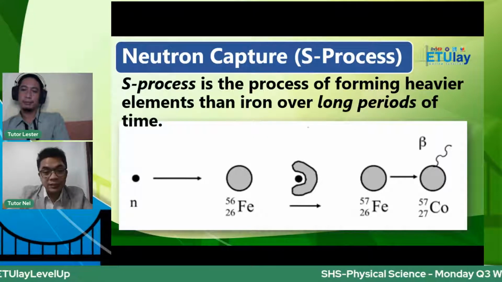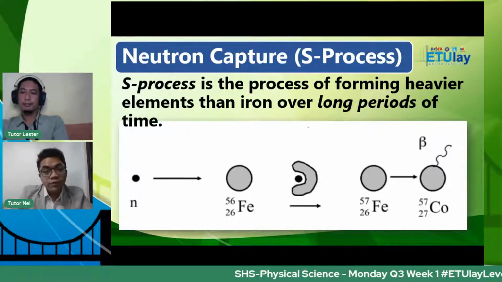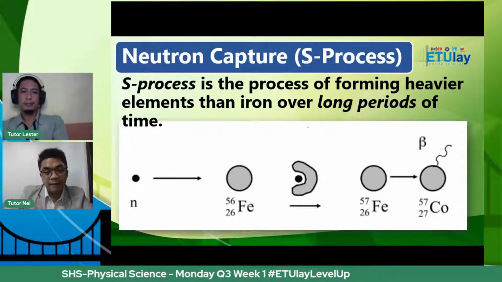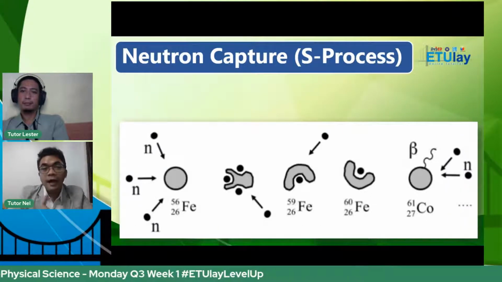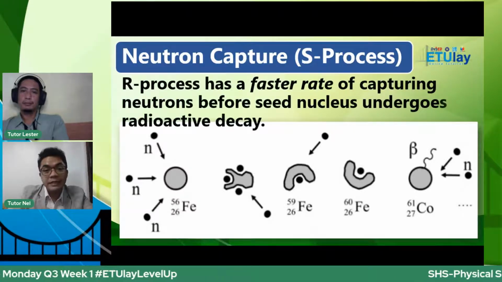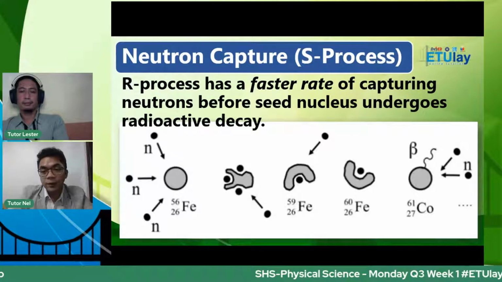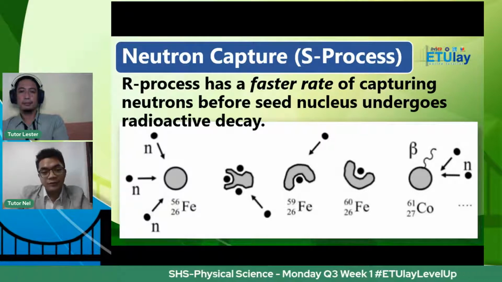Ang S-process o slow capture ay bumubuo ng elementong kagaya ng cobalt na mas mabigat pa sa bakal. Ang R-process naman o ang mas mabilisang neutron capture ay nangyayari during a supernova o pagsasanib ng dalawang neutron star.